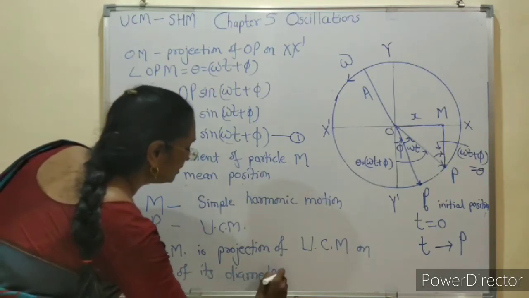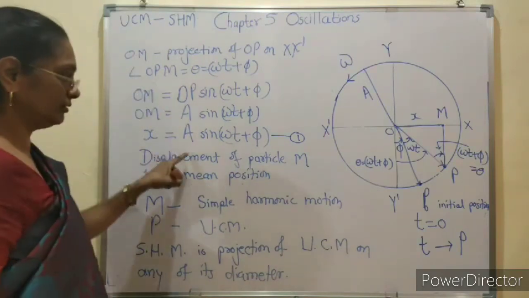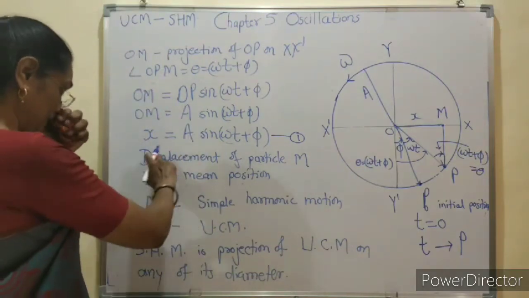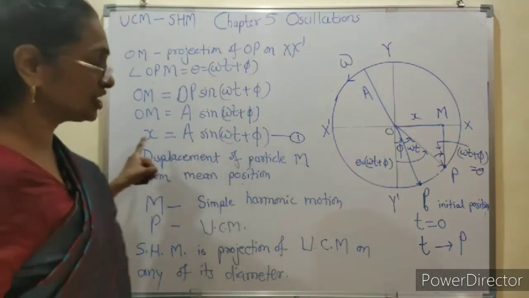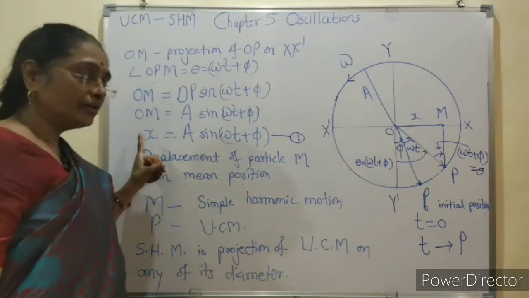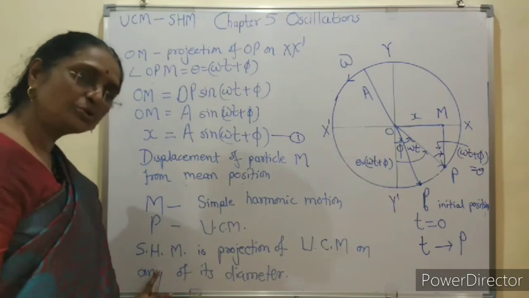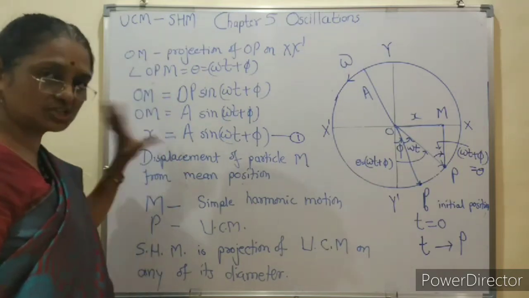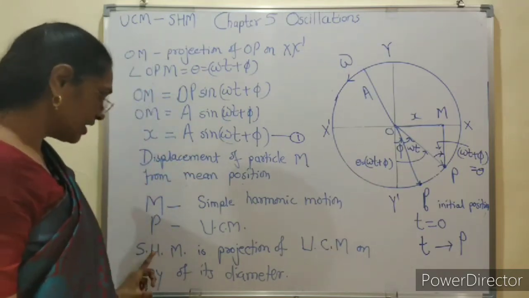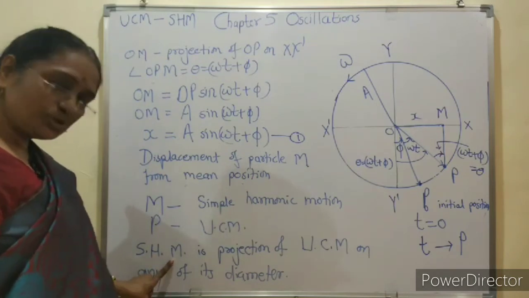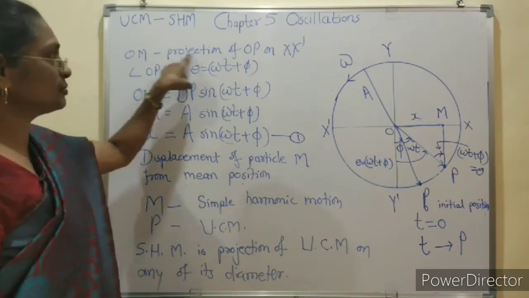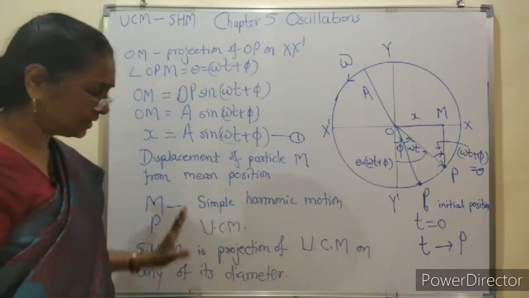So geometrically and by taking such steps, obtaining such relation, here the steps are simple. We have to make one descriptive statement for that description or explanation like this. Actually it is simple. OM is projection of OP on XX dash.